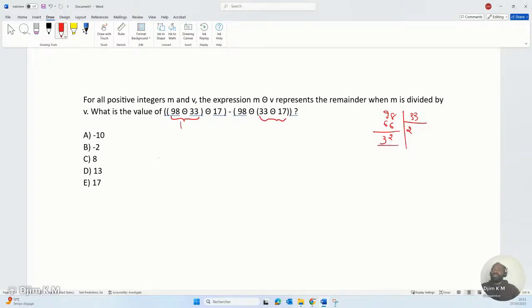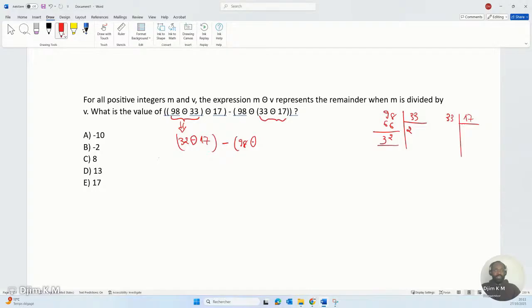So this will give us 32, 17 minus 98. And the remainder of 33 divided by 17.